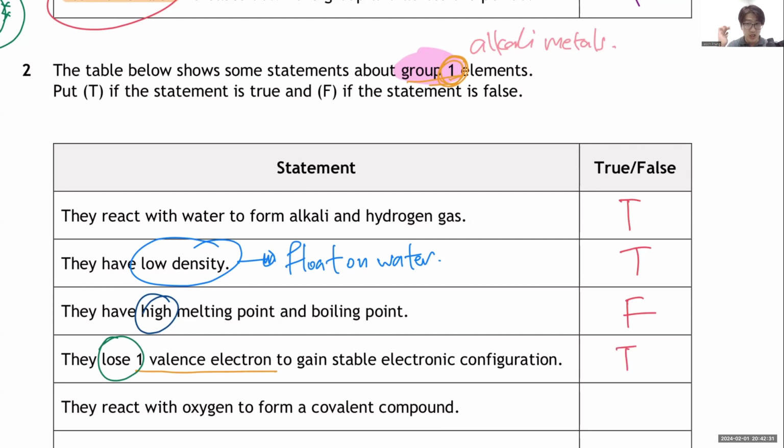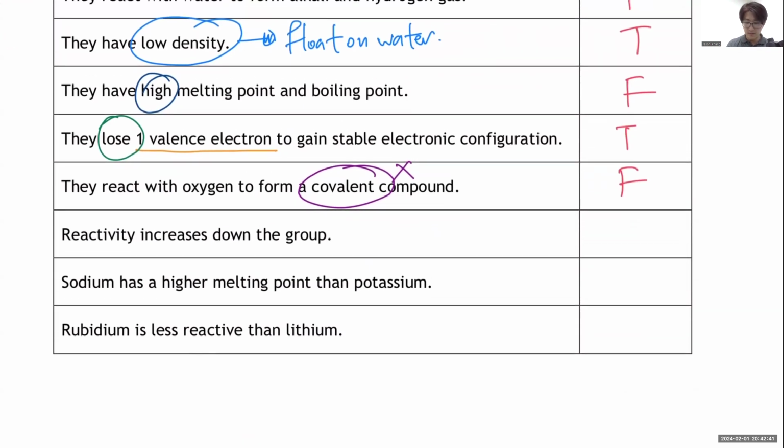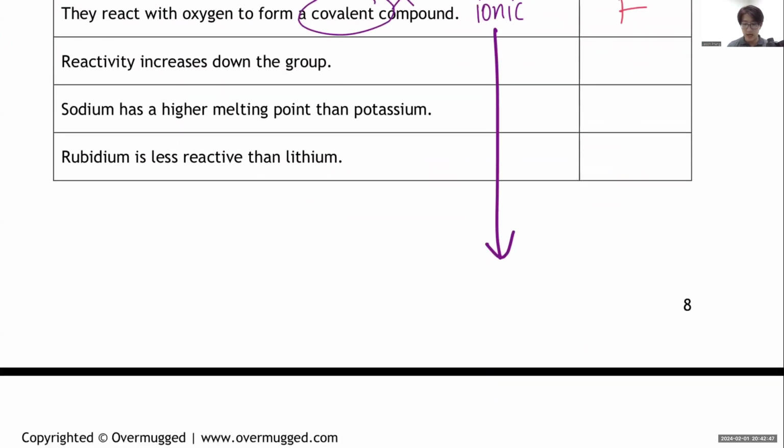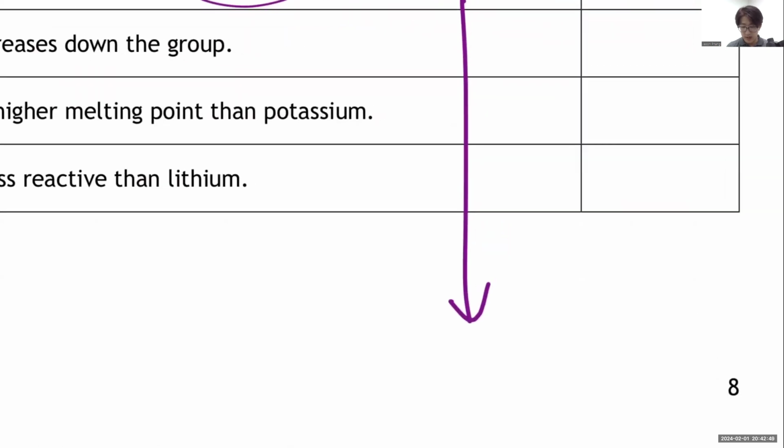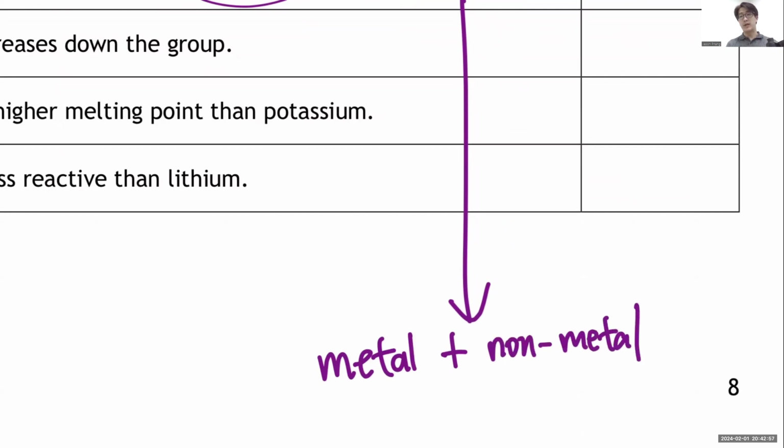Will they react with oxygen to form a covalent compound? They will not form covalent. Instead, they will form ionic. Because an ionic compound is comprised of a metal and non-metal.